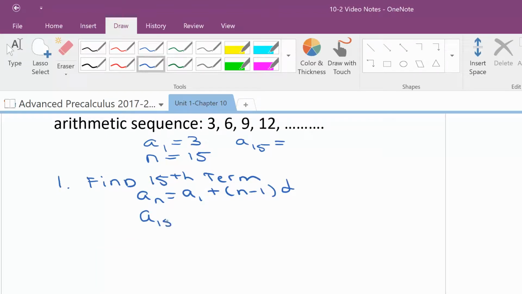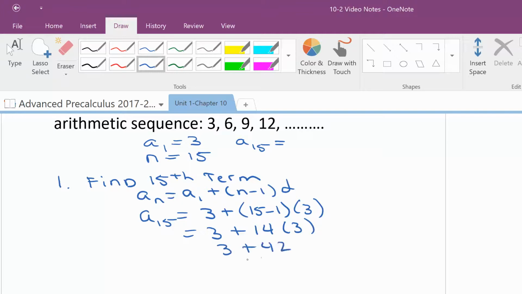To find the 15th term, we take the first one, which is 3, plus 15 minus 1, times the difference, which is 3. So 3 plus 14 times 3, so 3 plus 42 is 45. The 15th term is 45.